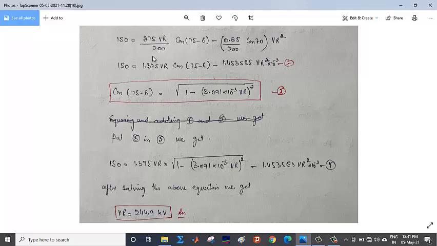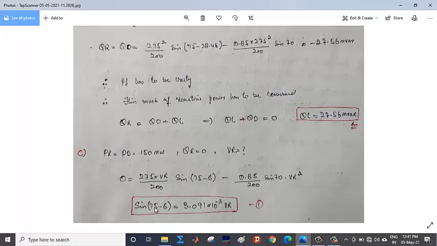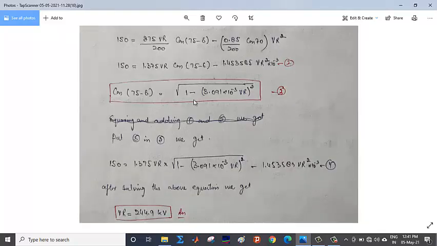By simplifying certain values, it comes out to be this value, and then cos of 75 minus delta is equal to square root of 1 minus sine square of 75 minus delta, which can be taken from here, that is 3.091 into 10 to the power minus 3 VR. So putting this value over here, I get 150 is equal to 1.375 VR into square root of 1 minus 3.091 into 10 to the power minus 3 into VR whole square, minus this term.